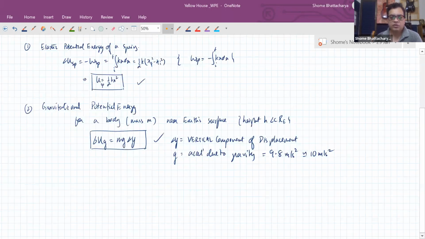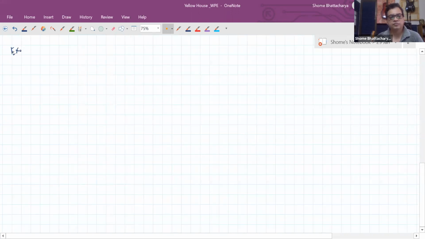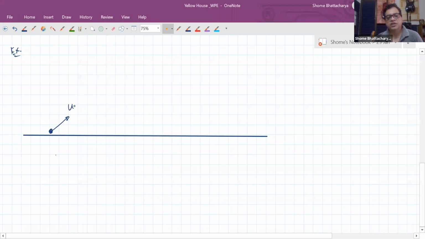Now let us see this example. A particle is projected from the ground at a speed of 50 meters per second at an angle of 53 degrees with respect to the horizontal, and g is equal to 10 meters per second square.